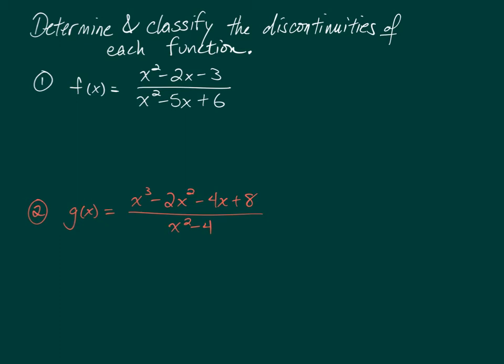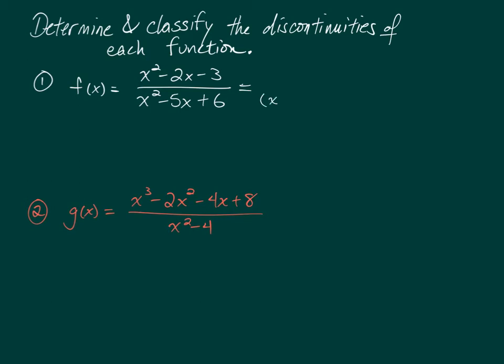Since we have a polynomial being divided by a polynomial, this is a rational function. It was stated earlier that rational functions are continuous on their domains. I think what we should do first is find out which values of this function are not in the domain. And you can do that by setting the denominator equal to 0 and solving for x.